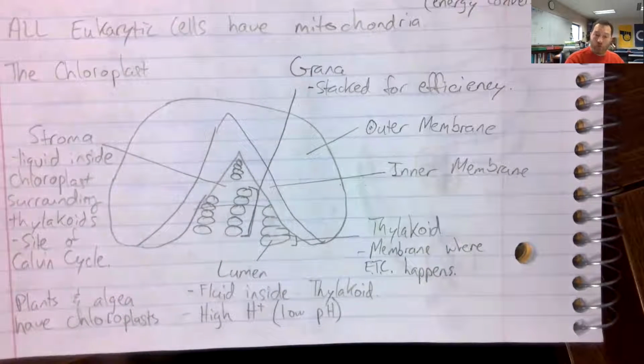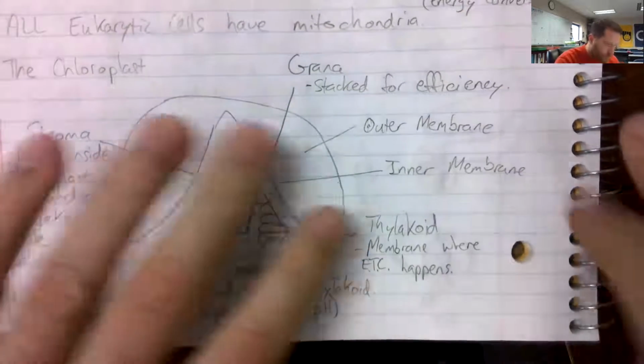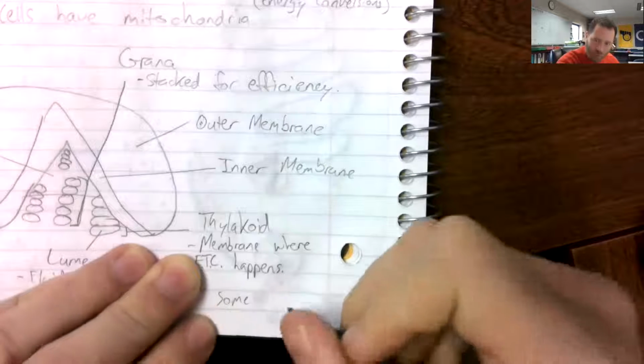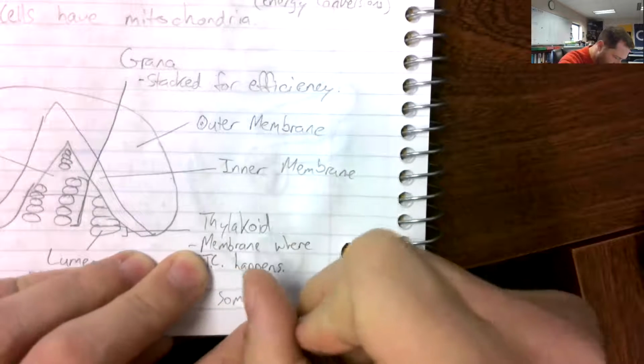Plants and algae have chloroplasts. We're running out of room here, trying to squeeze it all in one page.